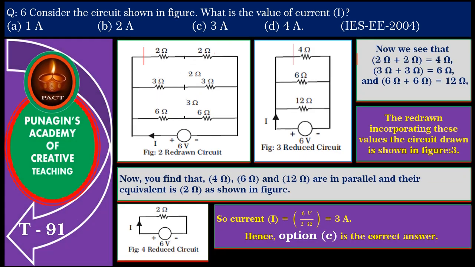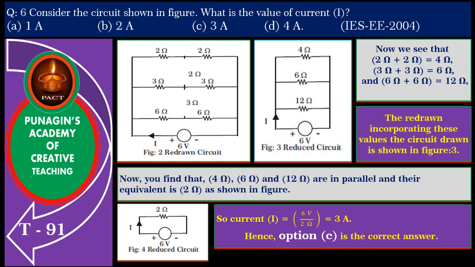Friends, now we see that the series connected resistances 2 ohm plus 2 ohm is equal to 4 ohm, 3 ohm plus 3 ohm is equal to 6 ohm, and 6 ohm plus 6 ohm is equal to 12 ohm. By incorporating these values, the circuit drawn is shown in figure 3.